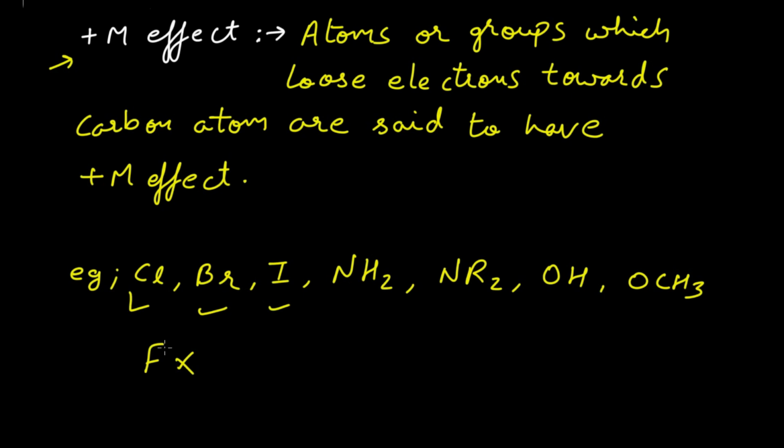In inductive effect, chlorine, bromine and iodine showed -I effect, but in case of mesomeric effect these will show plus M effect because they also have lone pair of electron that can be donated easily. So remember this particular difference.